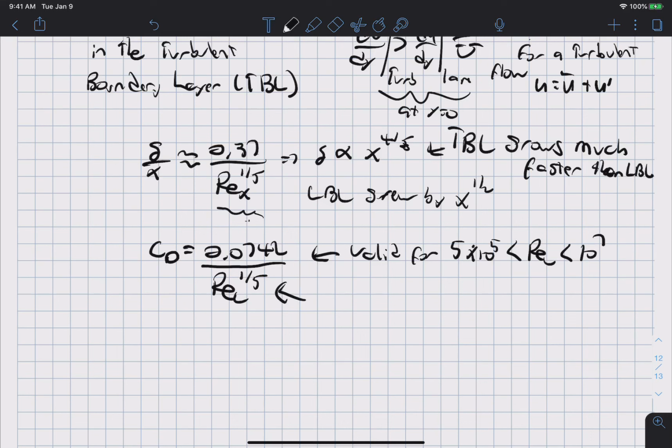Okay, and this comes from assuming the 1/7 power law velocity profile.